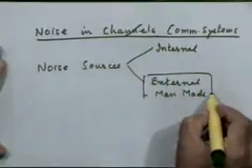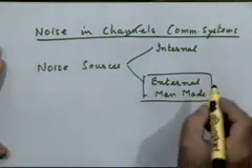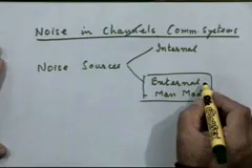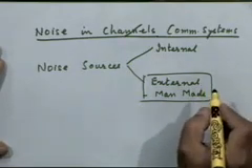Now let me first take these external sources. I must slightly modify my statement. Not all external sources need be man-made, right? They can be external noise sources which are natural, right?